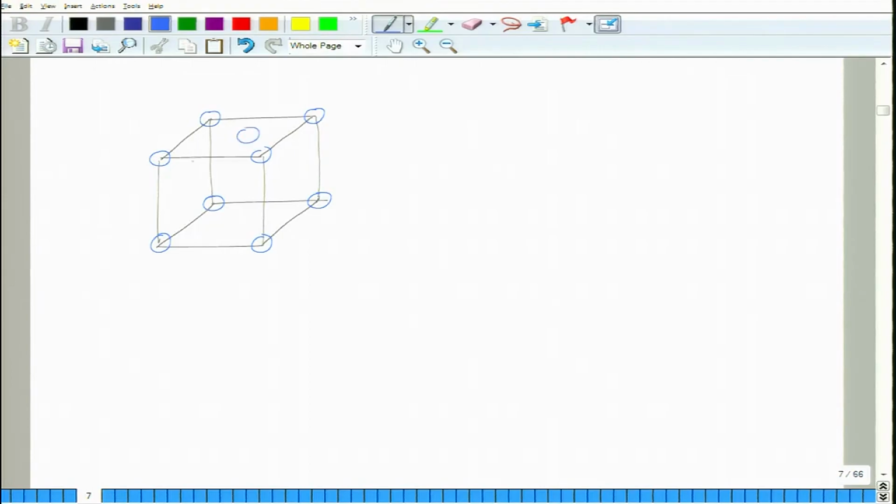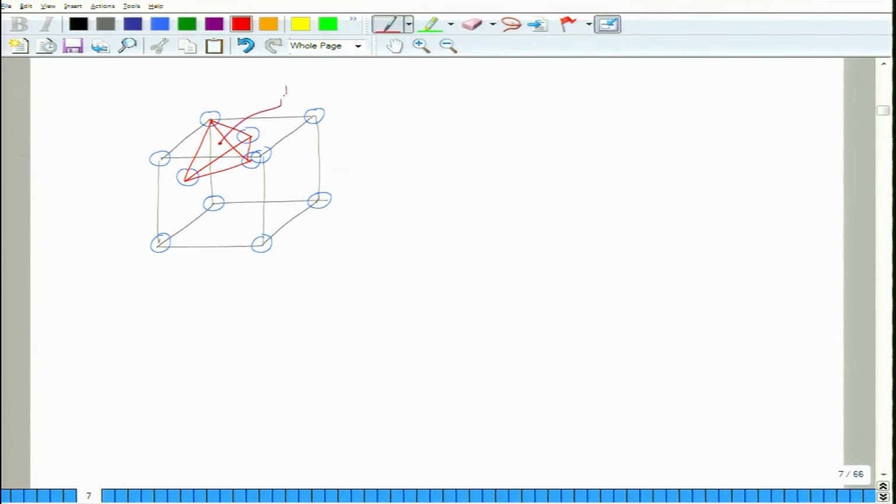So I'll just draw these 3 atoms, okay. The one at the center. Tetrahedra is made by connecting this atom with this atom and this atom. This is tetrahedra, right. Our atom is sitting somewhere here, okay.